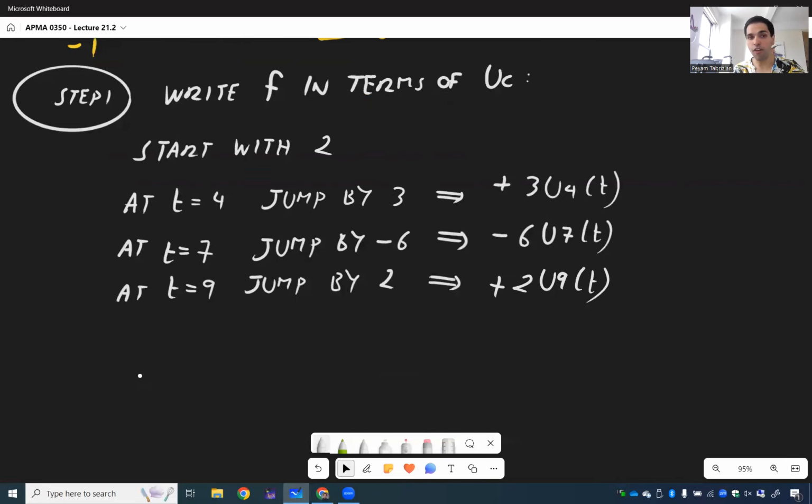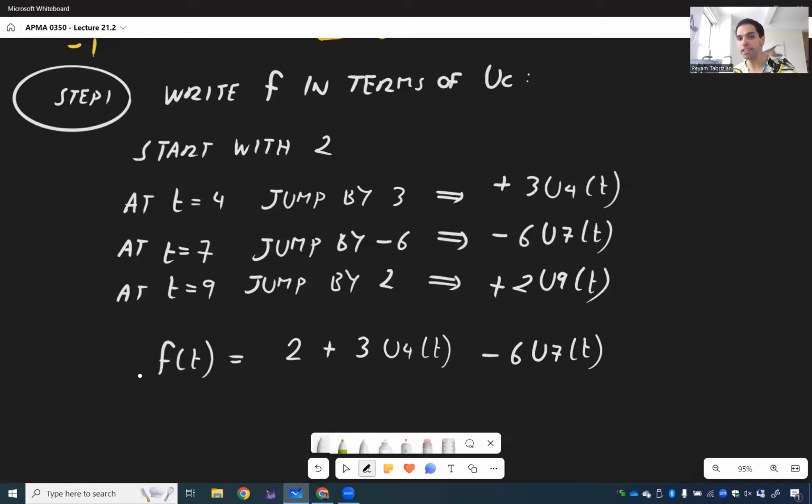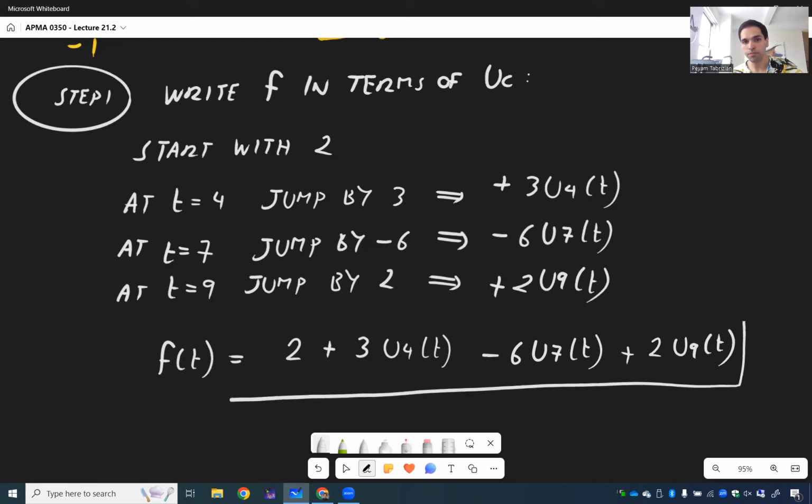So what is our function? So f of t, once again, you start at 2, then at 4, you jump by 3 units. At 7, you jump by -6 units. And at 9, you jump by 2 units. So this is what your function is.